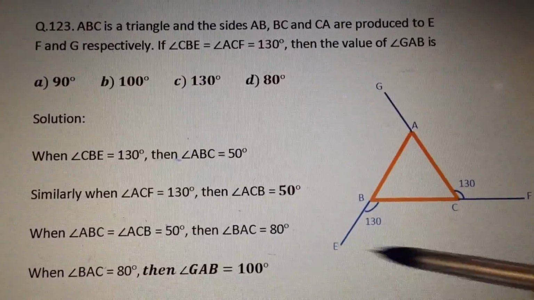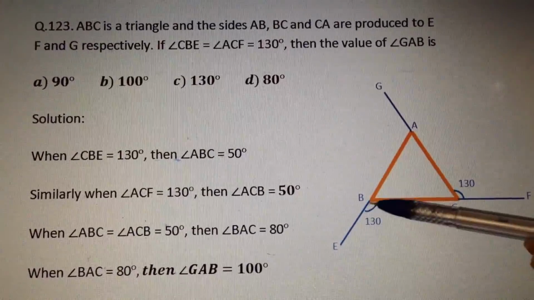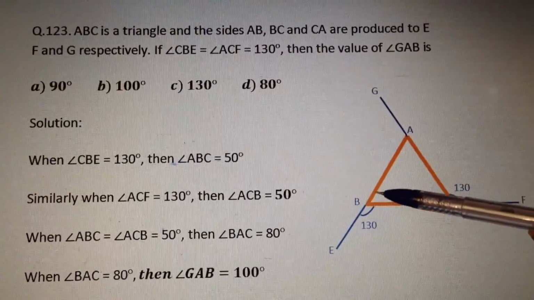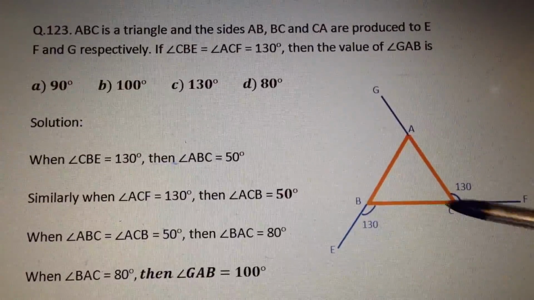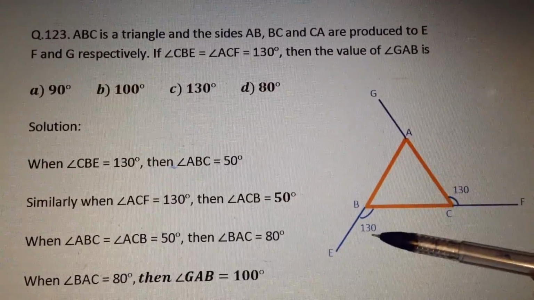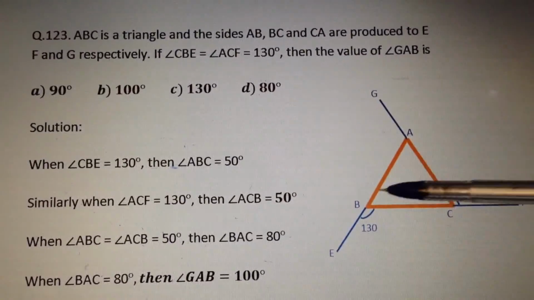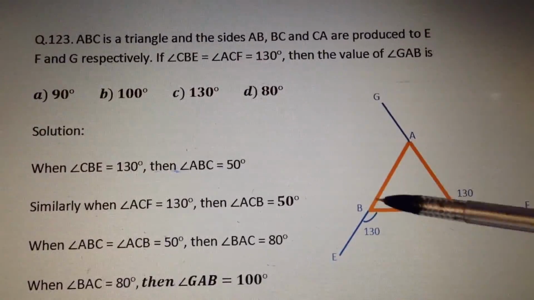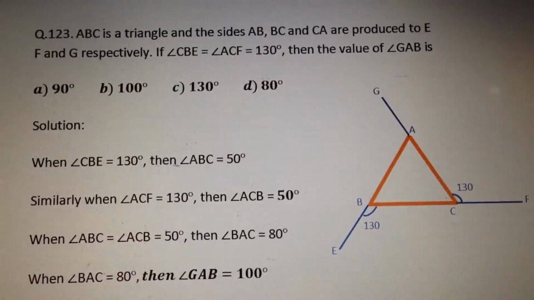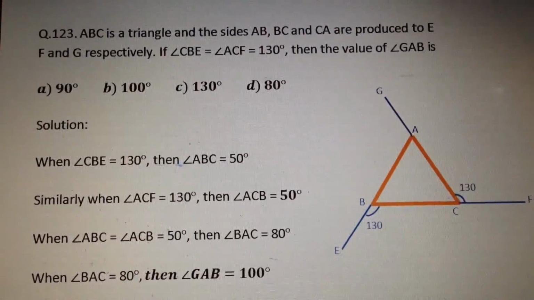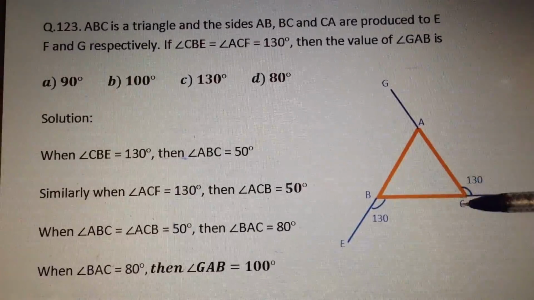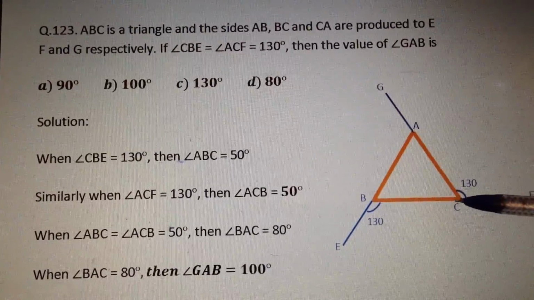When CBE is equal to 130 degrees, this angle CBA becomes 50 because 180 minus 130. Therefore, angle ABC is equal to 50 degrees. Similarly, angle ACF is given as 130 and angle ACB is equal to 50 degrees.